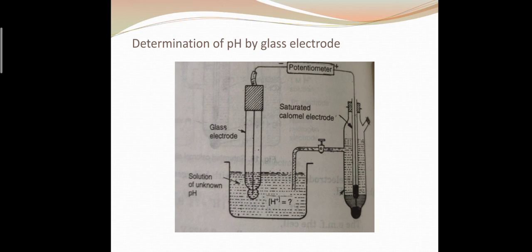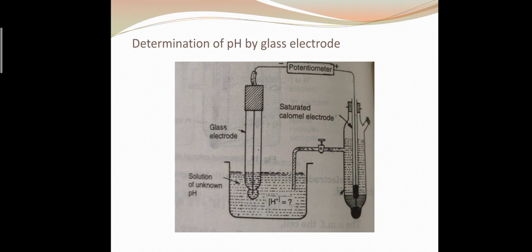This electrode is used as a secondary reference electrode. The other terminal of the calomel electrode is dipped into the unknown solution. So the circuit gets completed. The pH of the unknown solution has to be determined.